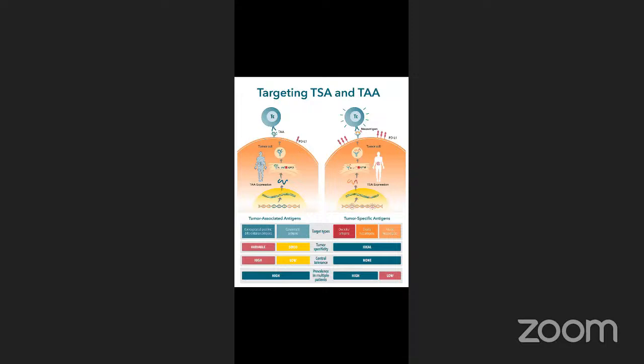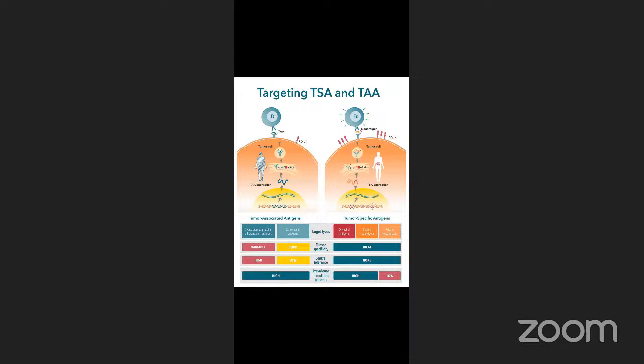During tumor development, a very important point is, what exactly happens? A cell loses all its original antigens, and a completely new set of antigens is expressed on the surface of this cell. During tumor development, a cell loses its natural or original antigens.